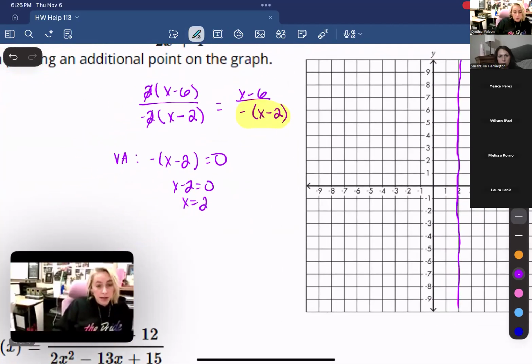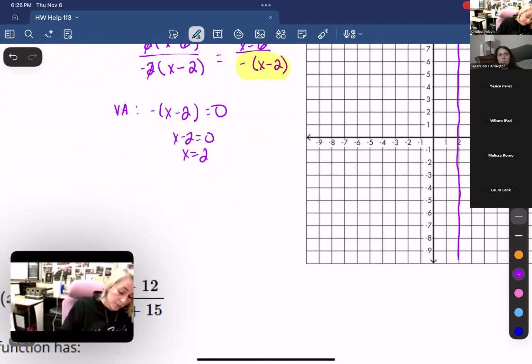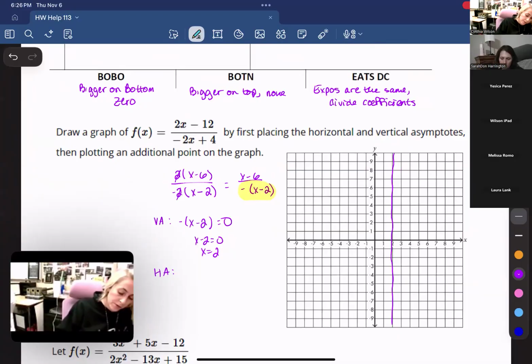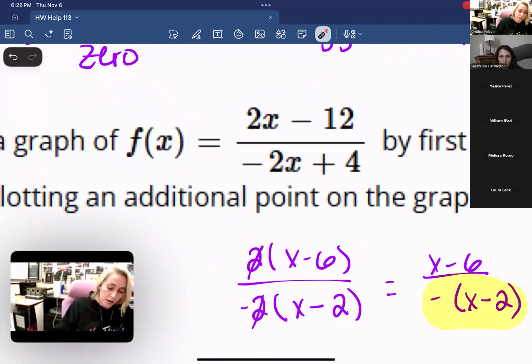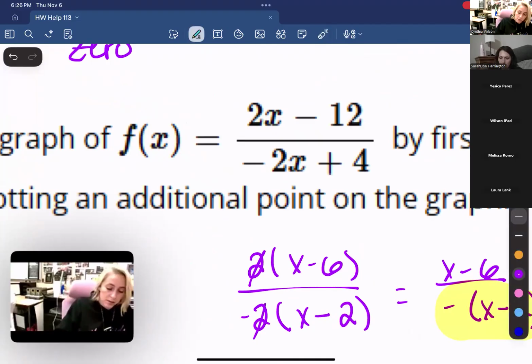Next thing I'm going to get is the horizontal asymptote. I'm looking for the degree. Whether you use the original or the reduced, it doesn't matter which one you do. You're going to get the same result at the end. I'm going to use the original because it's easier to see the degrees. The degree of your numerator is 1, because it's got an understood exponent, and your denominator is also degree 1, understood exponent.